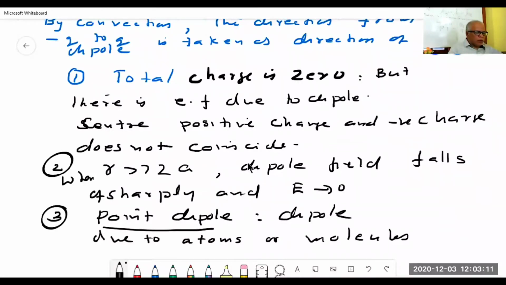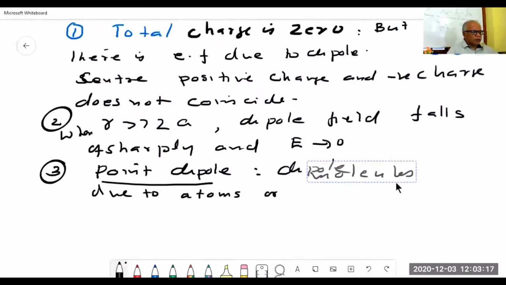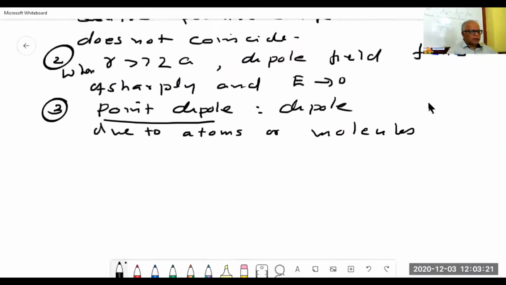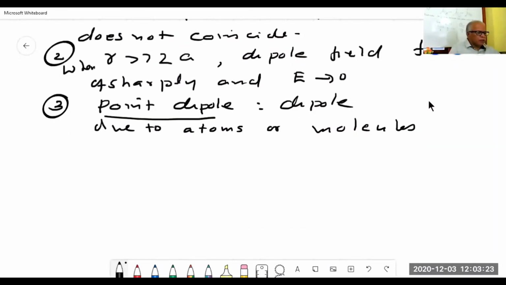Because the separation between atoms is very small. For example, the water molecule H2O is a dipole. It has plus here, minus here; it's separated.